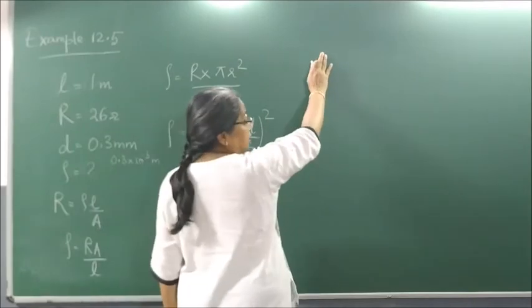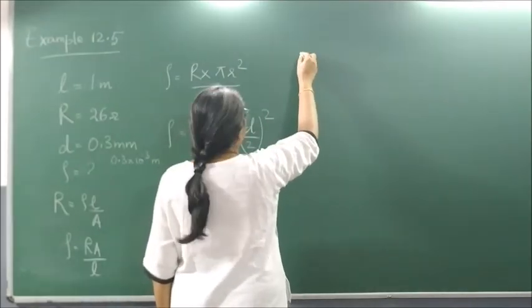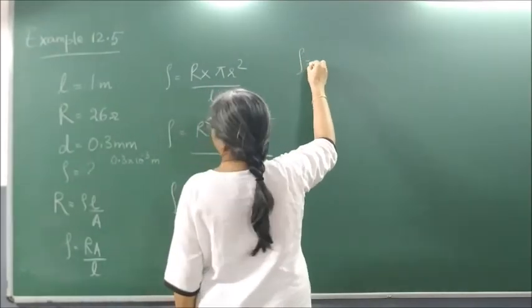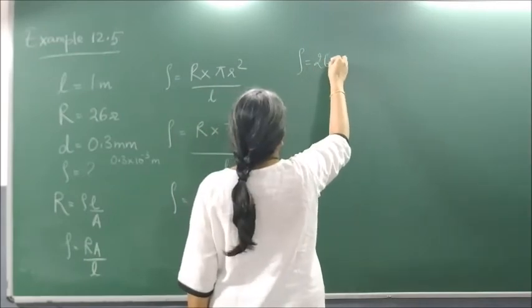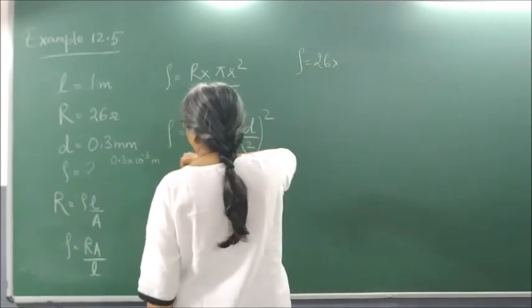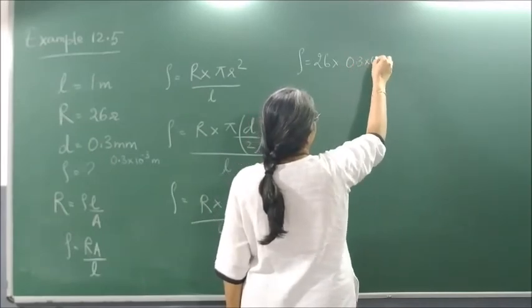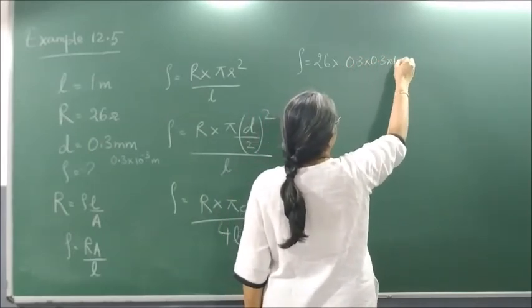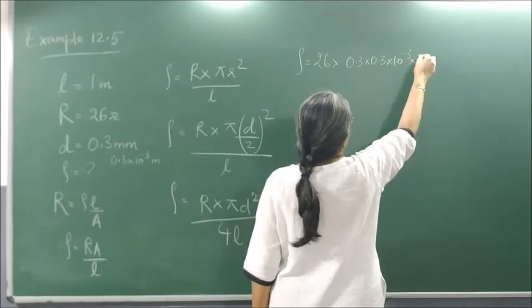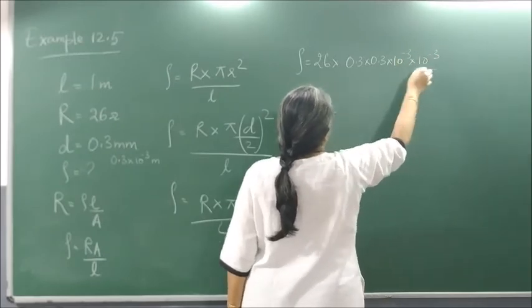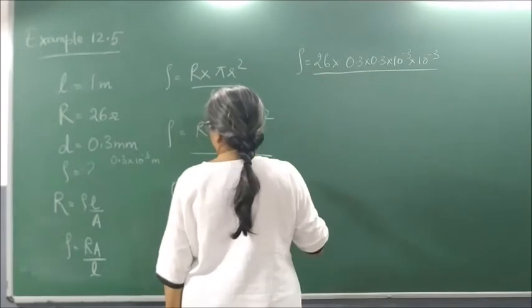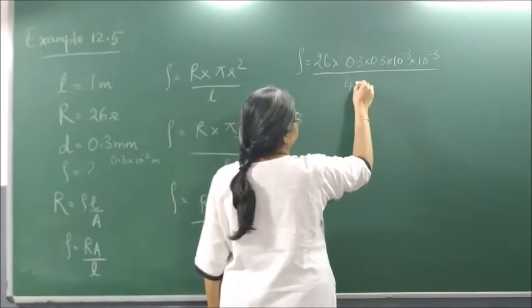So rho is equal to R, 26, into 0.3 into 0.3 into 10 to the power minus 3 into 10 to the power minus 3, by 4 into 1.